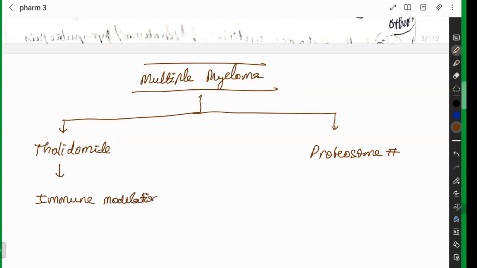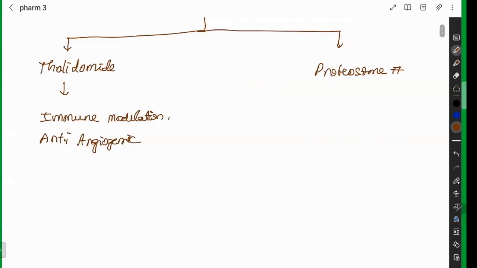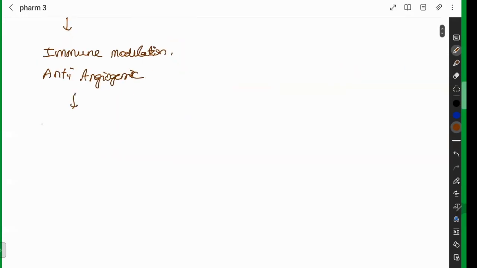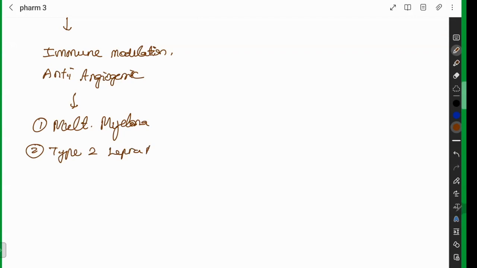They also act as anti-angiogenic agents. So what are the uses of thalidomide? Number 1, multiple myeloma. Number 2, type 2 lepra reaction. Number 3, graft versus host disease.